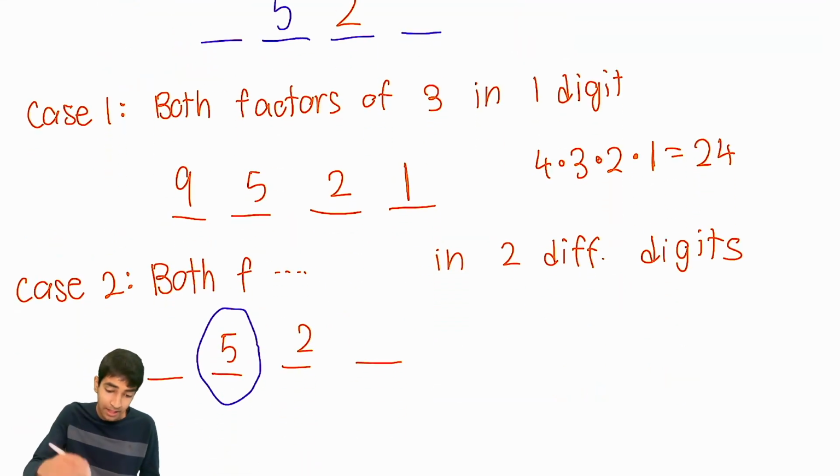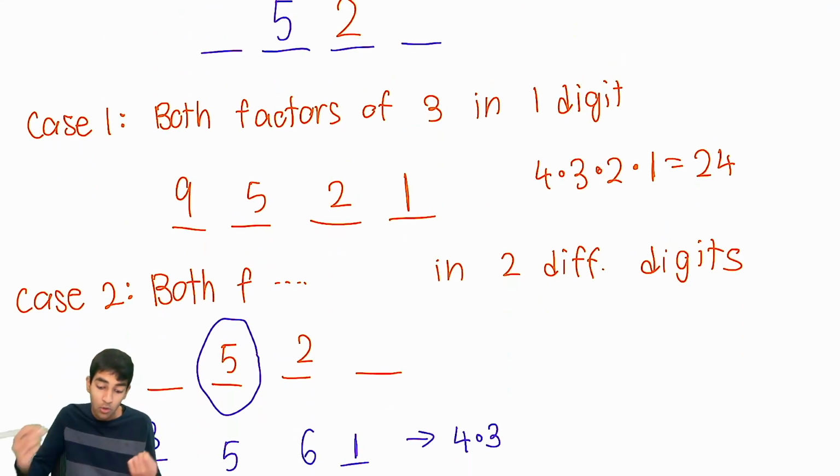So that's one of our subcases here. We can add one factor of 3 to the 2, and then we can pick any of the other 2 digits to have the remaining factor of 3. So this gives 4 times 3 from earlier, and then times 2 ways to pick which digit gets the remaining factor of 3. So again, that's just 24.